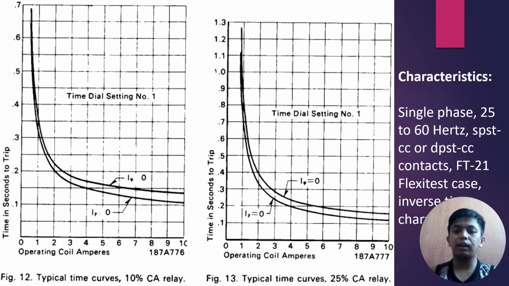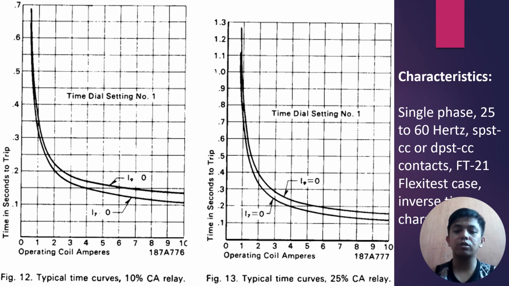Let's take a look at the key characteristics of the relay CA. For single phase operation with a frequency range of 25 to 60 Hz, it has SPST CC, or what we call single pole single throw contact closed, or double pole single throw contact close contacts.